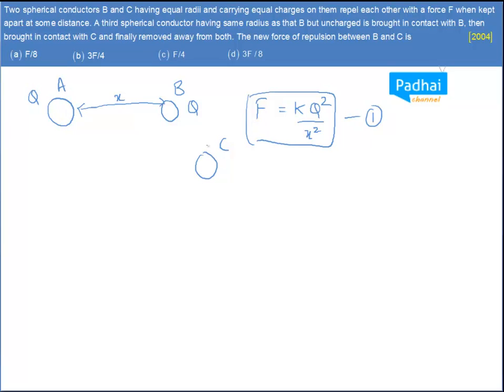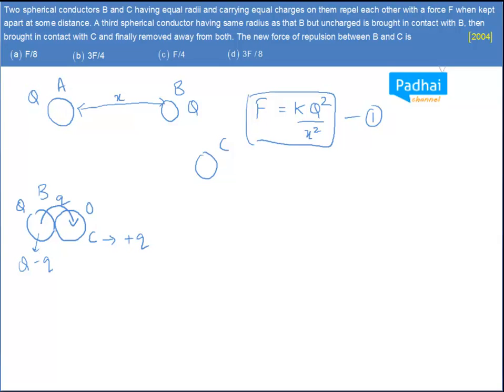If this is uncharged and they are brought in contact, what happens when B and C are brought in contact? If this is having a charge Q, this is having zero charge, what happens? Some charge q gets transferred from here to there, right? So that means C conductor develops a charge q and the charge on this remains Q minus q.